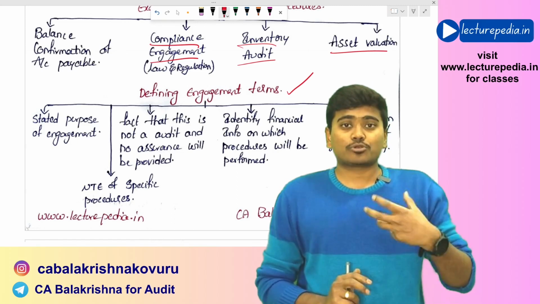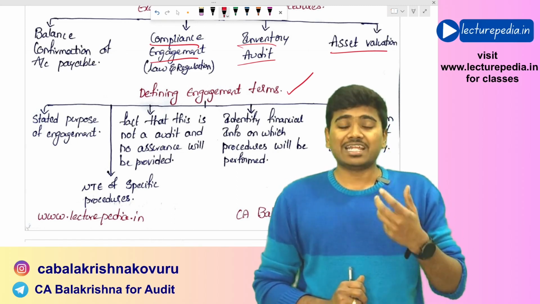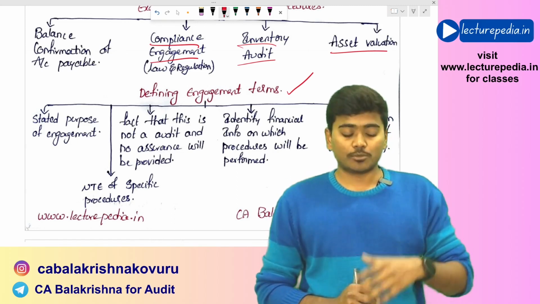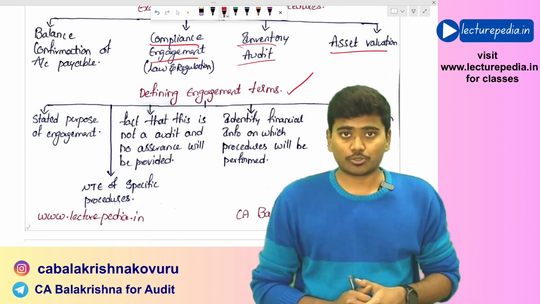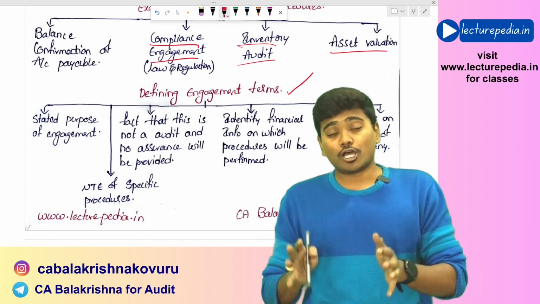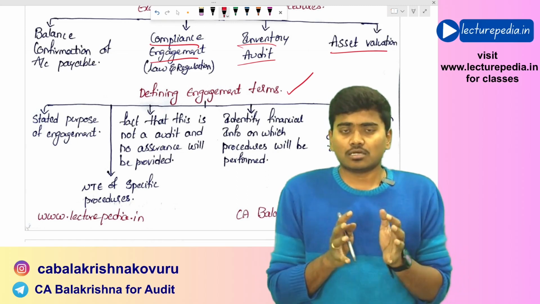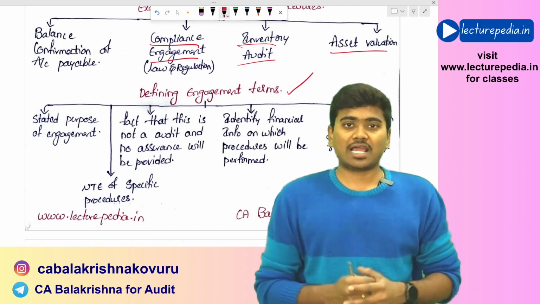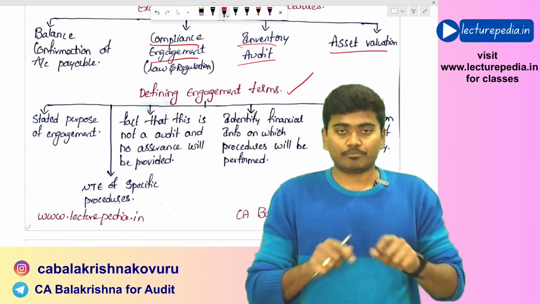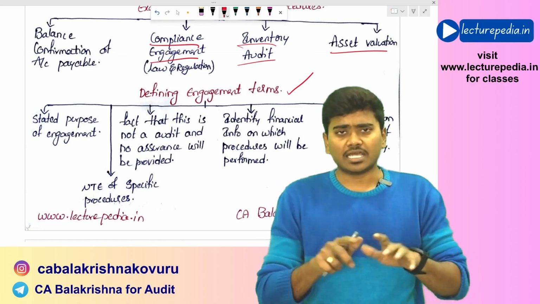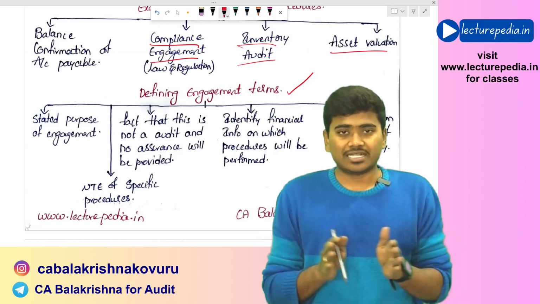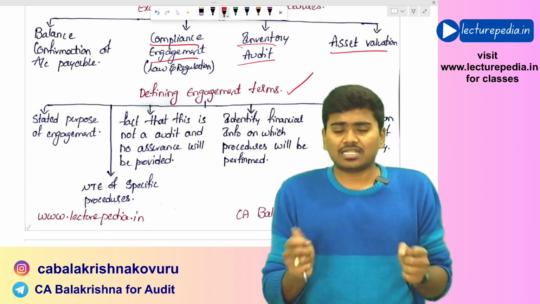That is, what procedures you have to perform, on which item those procedures have to be performed, what is the nature, timing, extent of those procedures, and what should be the format of the report. All these terms he needs to write beforehand in the engagement letter and get it signed by both the client and the auditor.